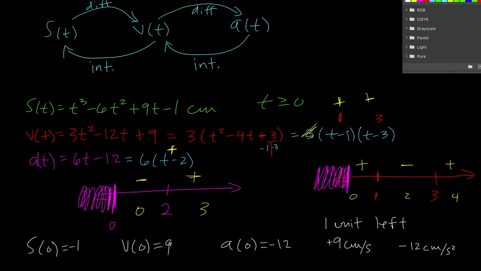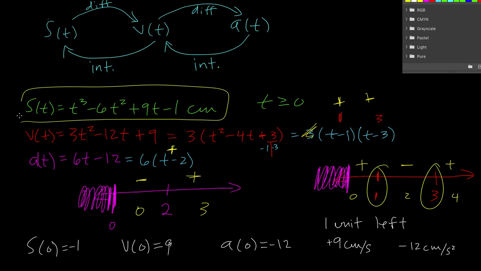All right, the next thing we need to do, find the position of the particle when it changes direction. So we're going to go back to our velocity, and we want to check 1 and 3. We changed directions at 1 and 3 because our velocity changed signs. But then we take those numbers and we plug them into the position because we want to know where it was at.